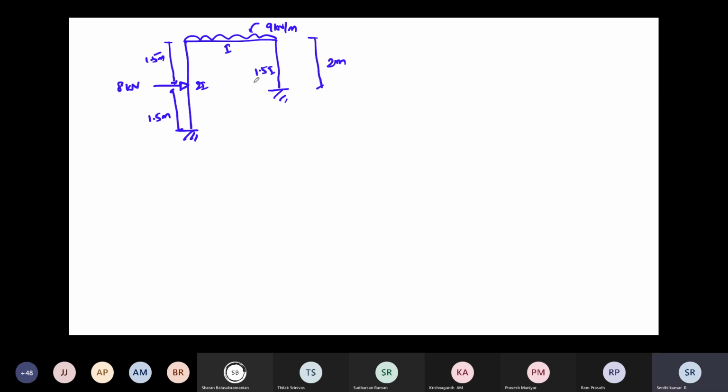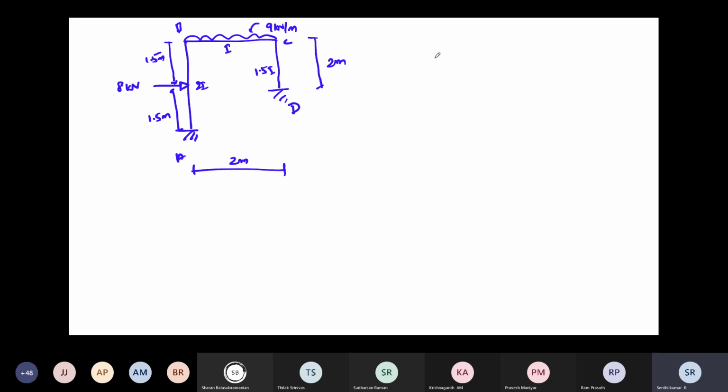See here, I'm changing the second moment of area also, so be careful when you're applying the equations. Solve the frame, and find the shear force and bending moment diagram. You will get the answers, or I'll just share the answers also.